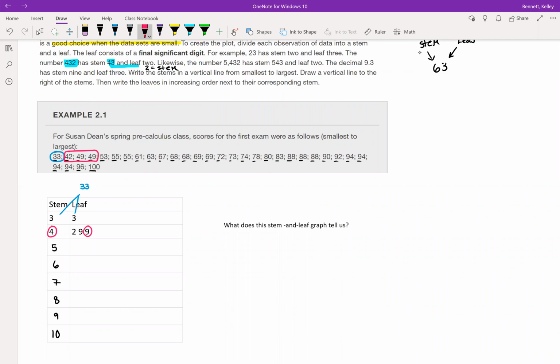So we're listing multiplicities in the leaf, but we're not listing multiplicities in the stem. This gives us an idea of the distribution in groups of 10. So right now, as I see it on my chart, I have one number in the 30s, which was 33, and I have 3 numbers in the 40s, and those were 42, 49, and 49.